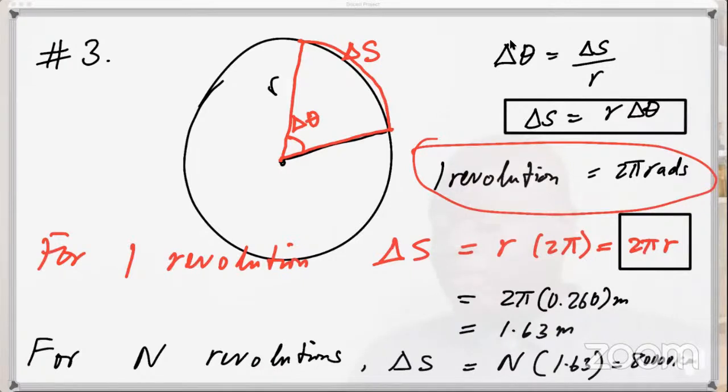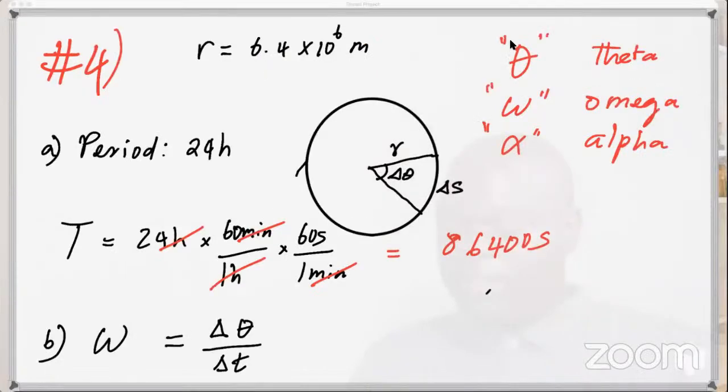Because they're not asking for the linear speed, they're asking for the angular velocity, which is the angular displacement, 2 pi radians for 1 revolution. And 1 revolution is completed in 24 hours, which we just calculated to be 86,400 seconds. So this is 2 pi radians divided by 86,400 seconds.